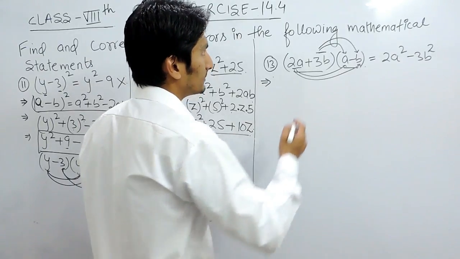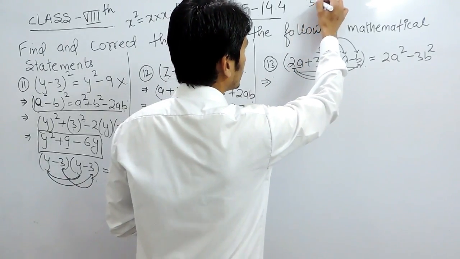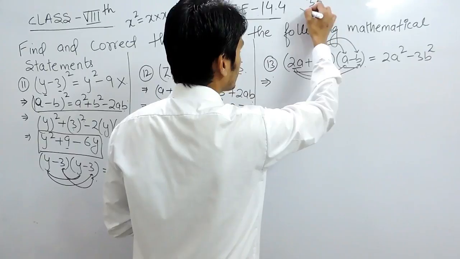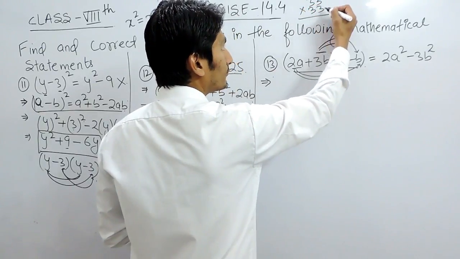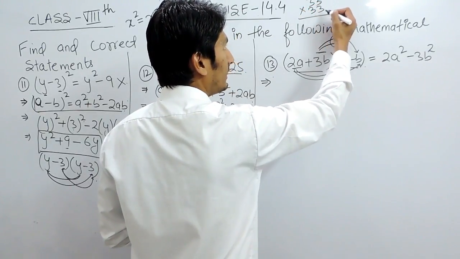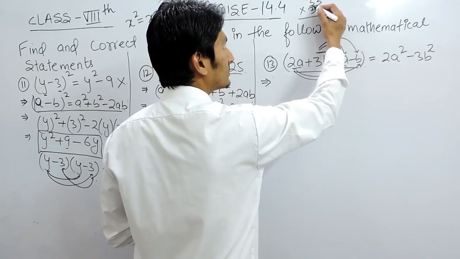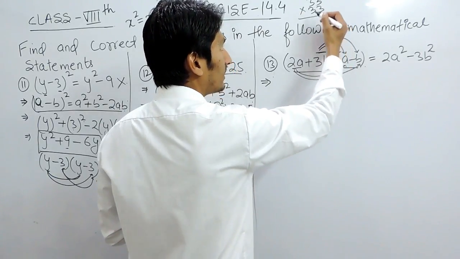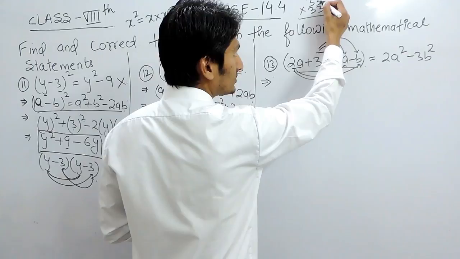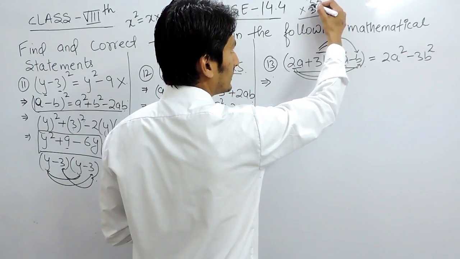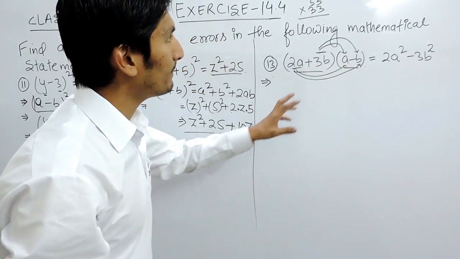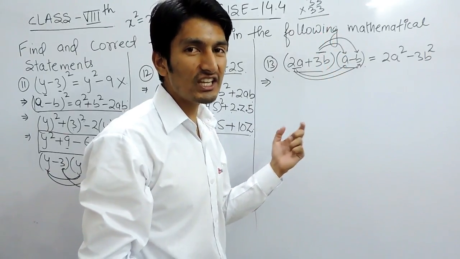This is the same as when you multiply 33 with 33: you multiply 3 with 3 and then 3 with 3, then 3 with 3 and 3 with 3. It means you are multiplying all the terms with each other.